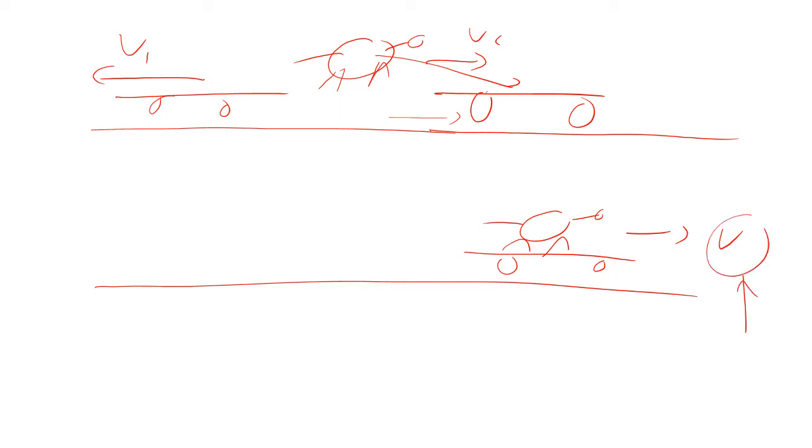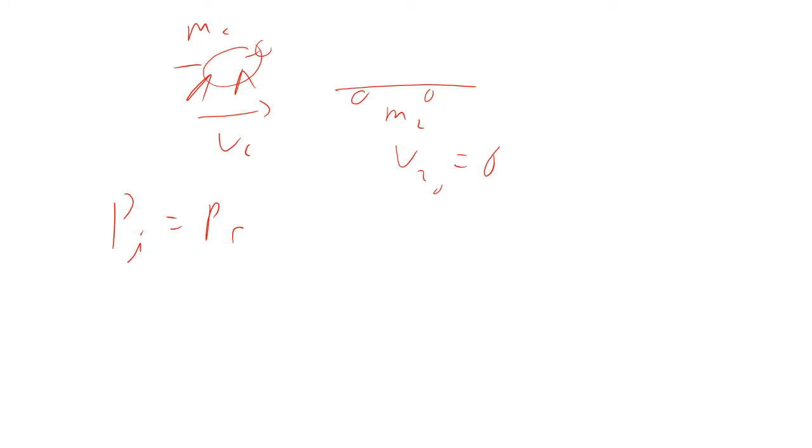So now we have to look at this part of the problem. For that part, we have the cat here moving with some velocity, mass the cat, and the cat lands on the cart, which has m2. We're going to say that v2 naught is 0, so it's initially sitting still. Initial momentum equals final momentum.